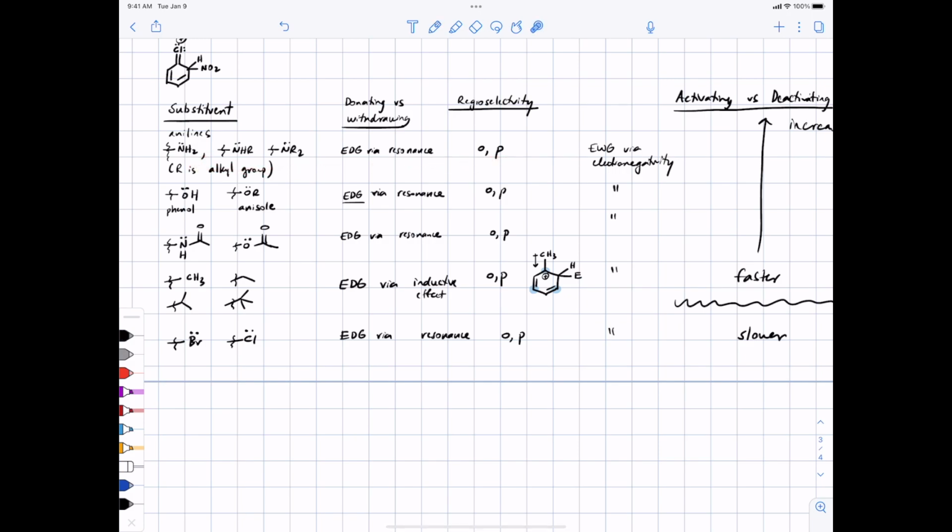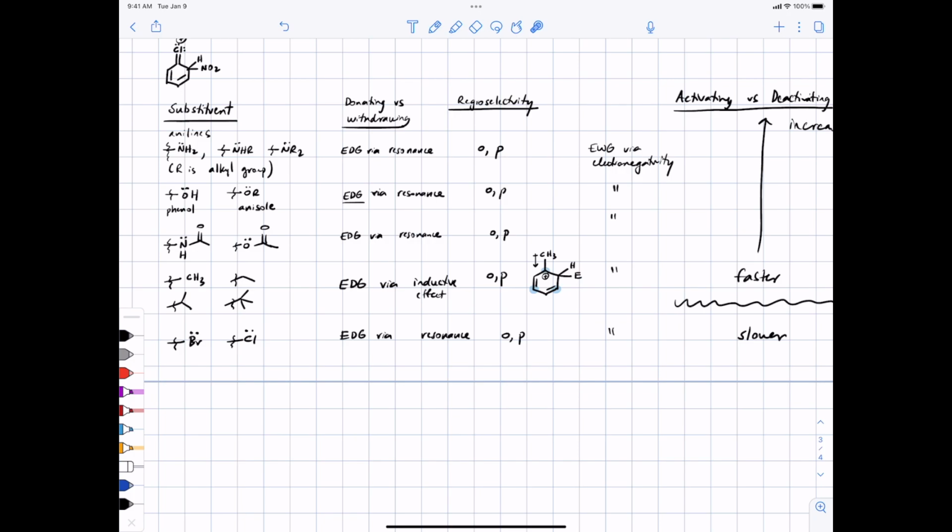All of these have dual character. The anilines and the phenols are donating groups via resonance, but they're withdrawing groups because of electronegativity. There's a trade-off: for the nitrogens and the oxygens, the donating group wins for regioselectivity and it wins for reactivity relative to benzene.